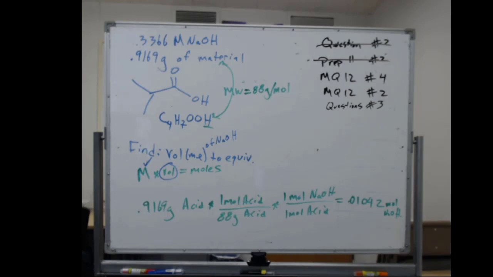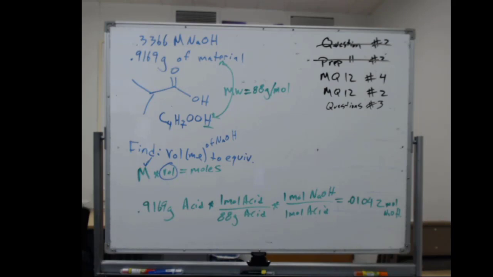Okay, and is the equivalence point directly related to the mole ratio? So like the first equivalence point is always 1-to-1 and the second equivalence point is always 1-to-2? Yeah, because the first equivalence point is reacting away the first H+, so that's 1-to-1. Second equivalence point is reacting away the first and the second H+, so that's going to be a 1-to-2.